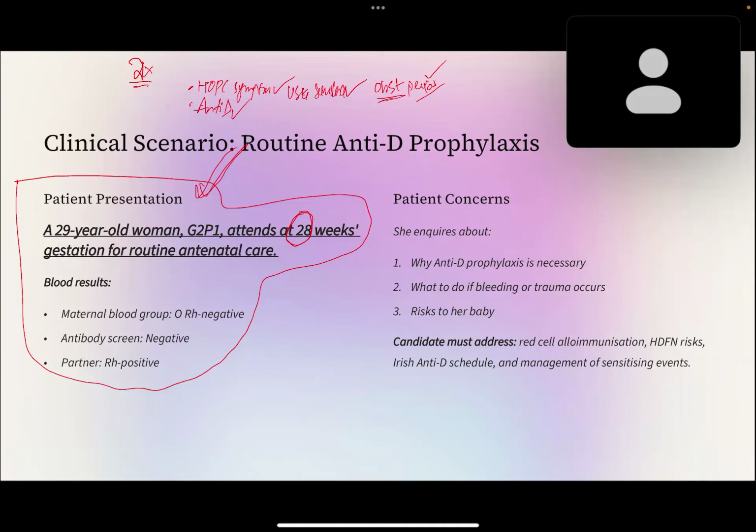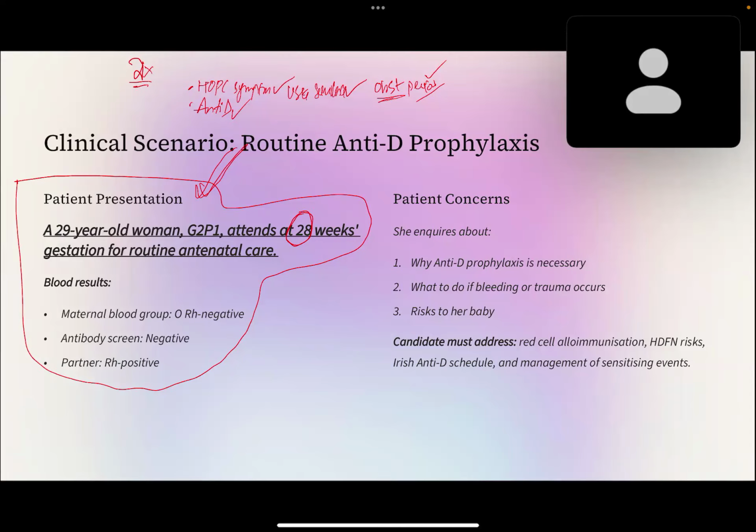Yes, immune hydrops, and the consequences of immune hydrops? We did immune hydrops last time. There are grades, right? Yeah, but what are the consequences? Hydrops can lead to death. Postpartum, if delivered, it can cause jaundice, then kernicterus. So all this spectrum is hemolytic disease.